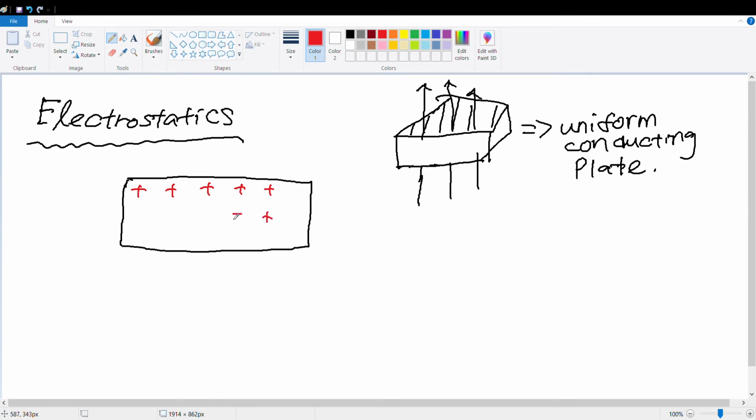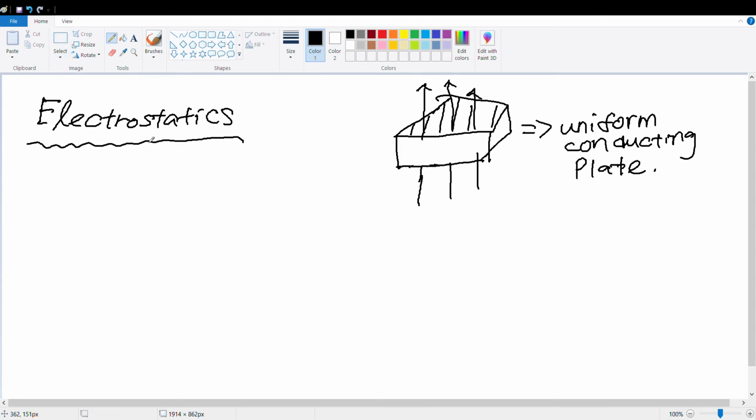So this is the charge which the uniform conducting plate exerted. What we need to do is find the Gaussian surface for this uniform conducting plate. Let me erase this.